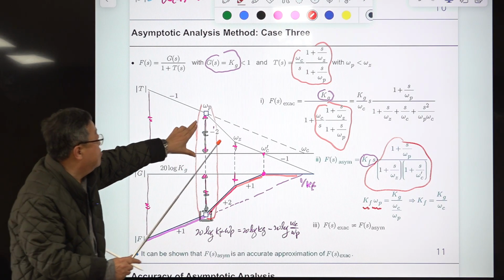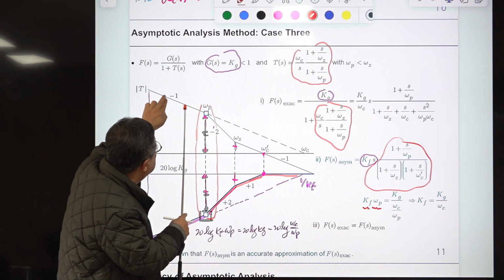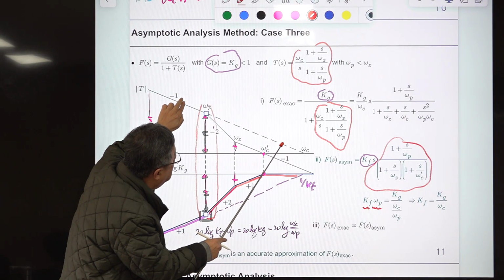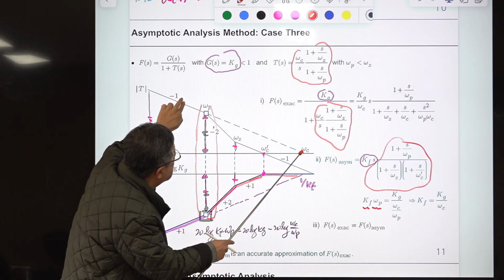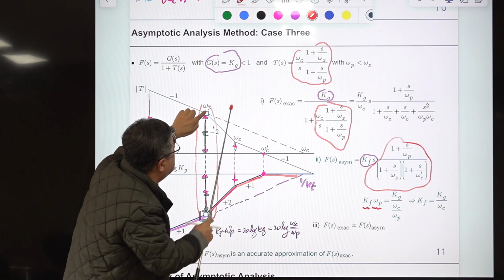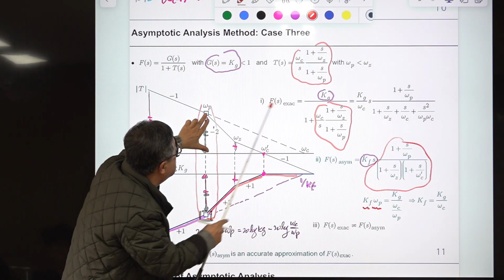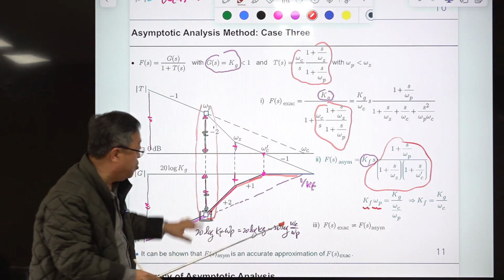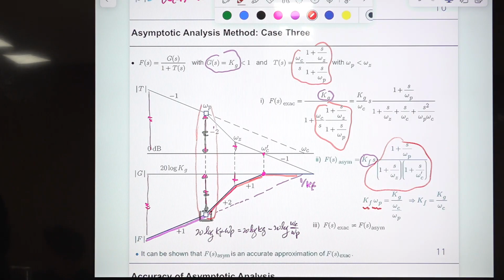This length, we know this, right? Because this is s divided by omega c. This part, no, omega c divided by s, and you evaluate this one at this frequency. So this length is omega c divided by omega p. Okay, so this part is this part. From this you evaluate this.